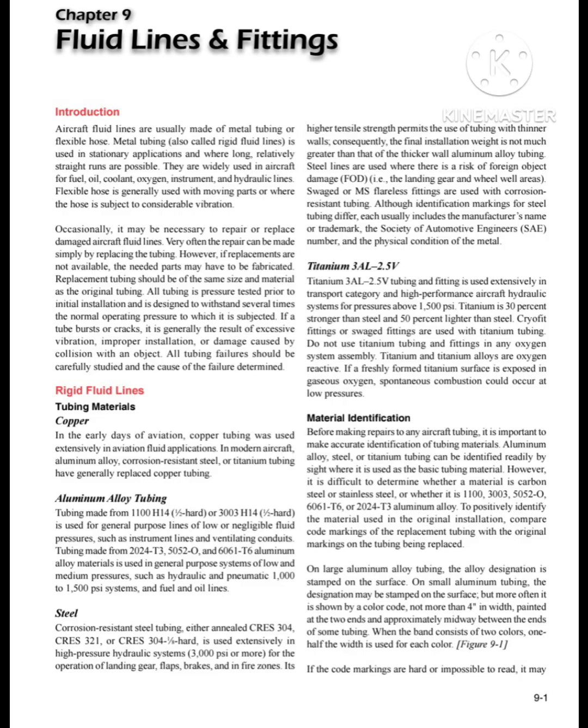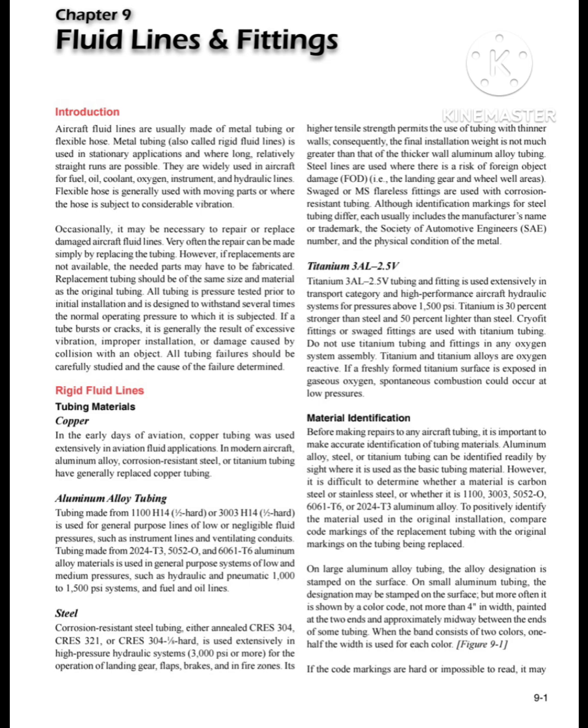Another topic of this chapter is material identification. To identify materials like copper, aluminum, steel and titanium, material identification marks have been given to these alloy metals. Before making repairs to any tubing, it is important to make an accurate identification of the tubing material.